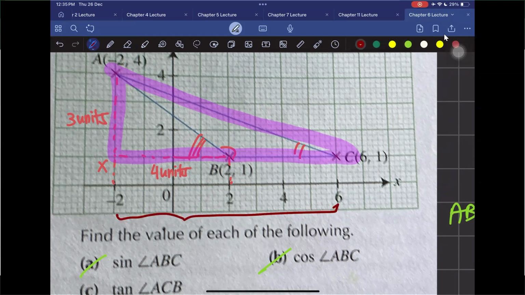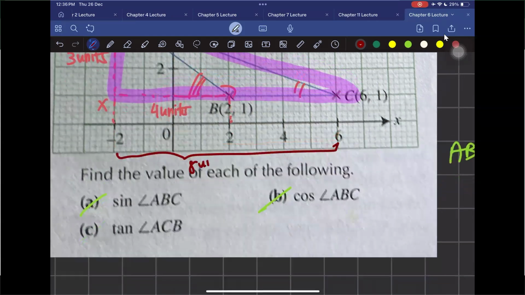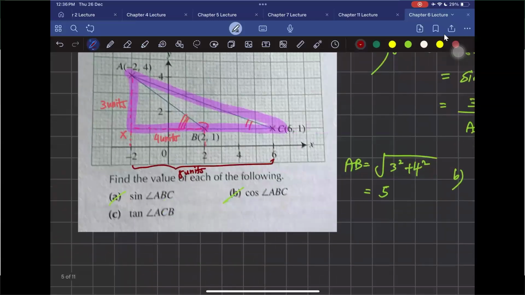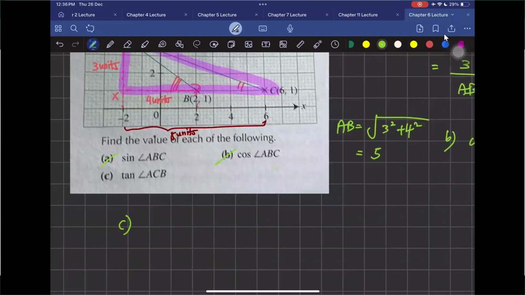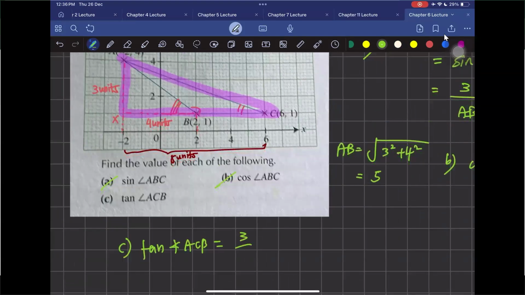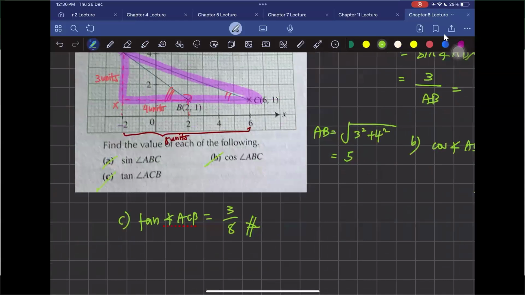This whole length XC is equal to 6 units plus 2 units, so it's equal to 8 units. Again, just simple identities. Your part C, tangent angle ACB is equal to opposite, which is 3, over adjacent, 8 units. Okay, simple.